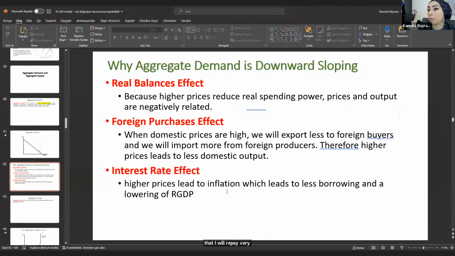It means money is almost free for me. Actually, this is what happened in the 2008 crisis. When interest rates were low, people started to borrowing a lot. Like interest rates were 1%, which means that if I'm borrowing 100 USD today, after 1 year, I'm just returning 101 USD. That's it. It's a very small percentage, right?